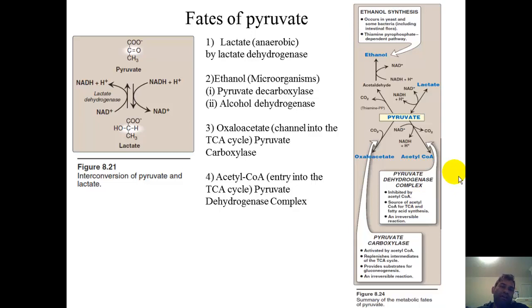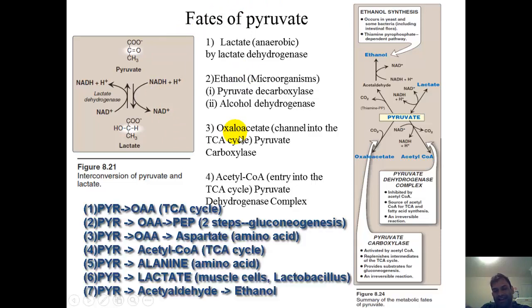Several fates for this, and we have a separate dedicated lecture for that. But pyruvate can go to lactate. Pyruvate can go to ethanol. That's a 2-step process, so you can actually genetically engineer E. coli to make beer or ethanol. That pyruvate can also go to oxaloacetate, which is part of the TCA cycle.